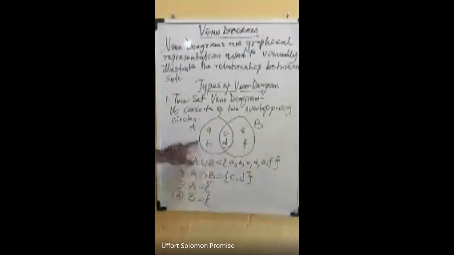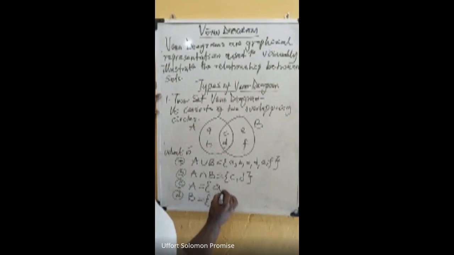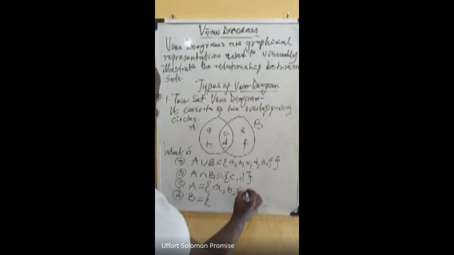In spite of the overlapping, C and D are also part of A. So the set A is A, B, C, and D. Did you get that?